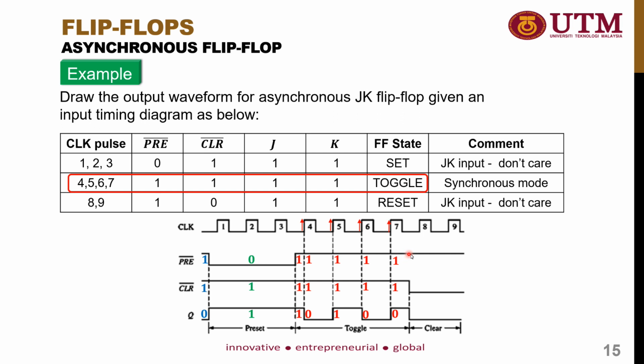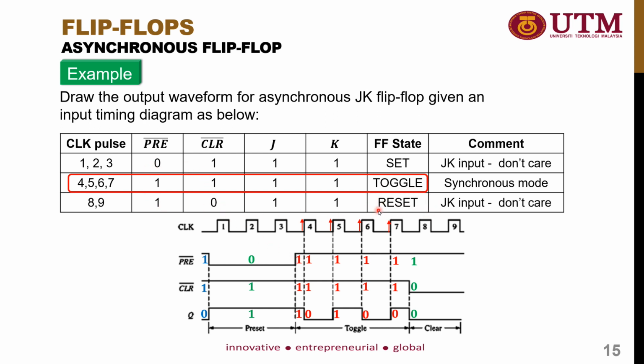And then suddenly, before the clock reaches the 8th pulse, the CLR bar input has been set to 0. So it makes the flip-flop enter asynchronous mode, where when PRE bar is set to 1 and CLR bar is set to 0, it will become reset.